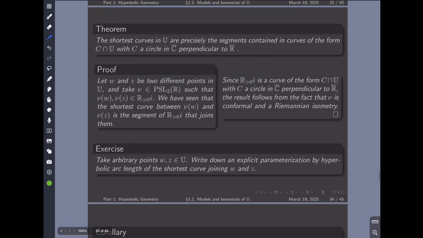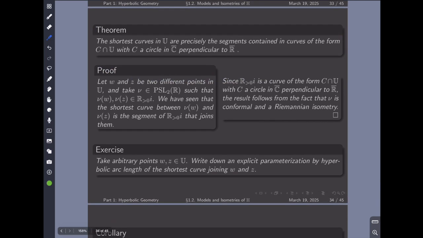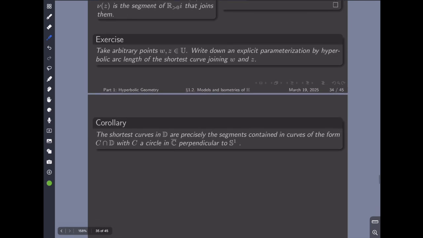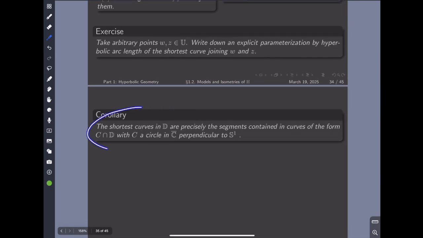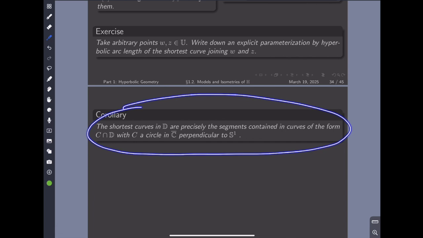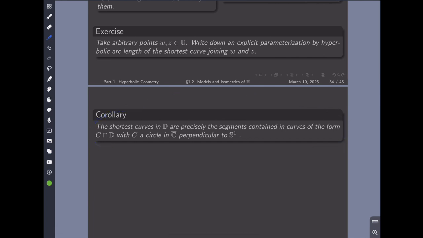And again, since the Cayley transformation has these properties that I just said, sends circles to circles, and is conformal, I also know for free the shortest curves in the Poincaré disk.